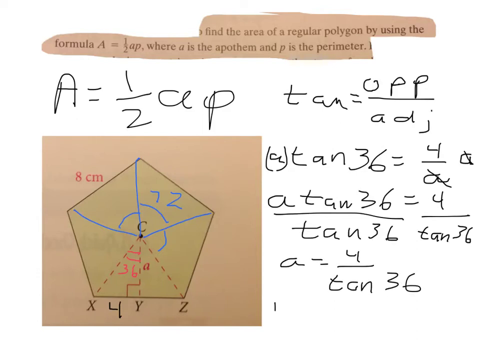So the area of this figure is going to be 1/2 the apothem, 4 over the tangent of 36, times the perimeter, which we already said was 40. Then plug that into your calculator and hopefully get the area of the figure to be approximately 110 square centimeters.